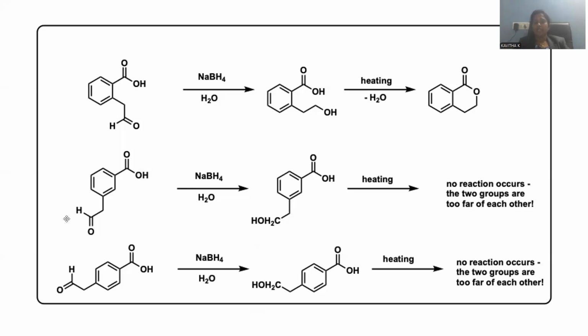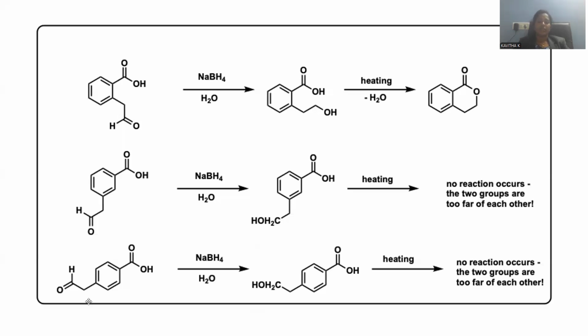The aldehyde obviously turns into a primary alcohol, but upon heating, there is no feasibility for the removal of water because both are not close enough to each other to dehydrate. Cyclization is not feasible with this kind of orientation, so there is no further reactivity to combine the alcohol and carboxylic acid to give a lactone ring. This will not give a further intramolecular esterification.